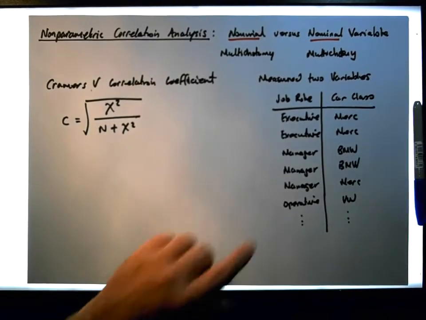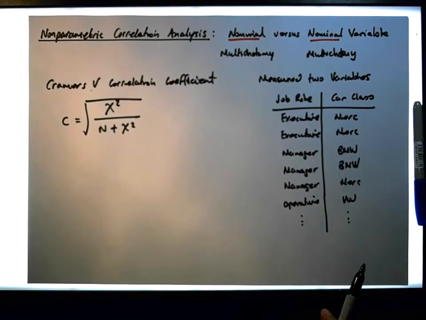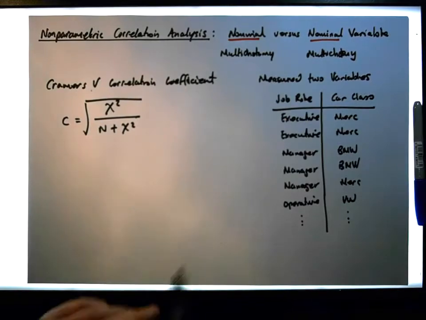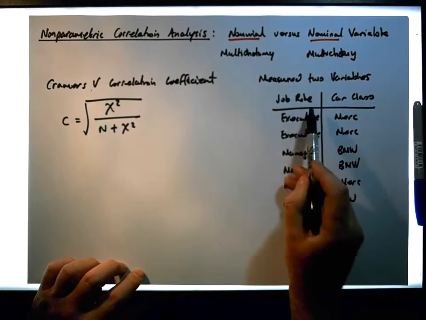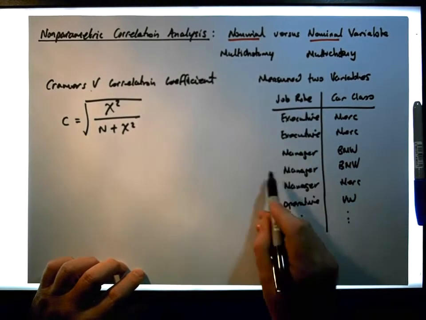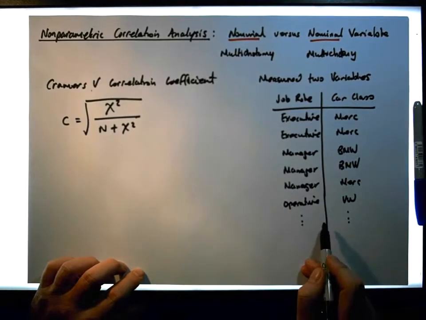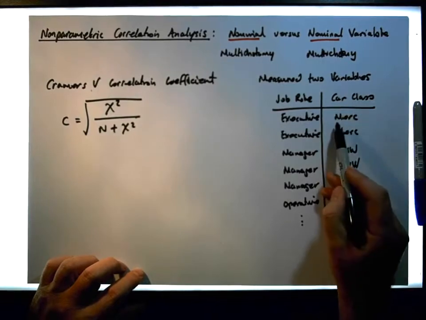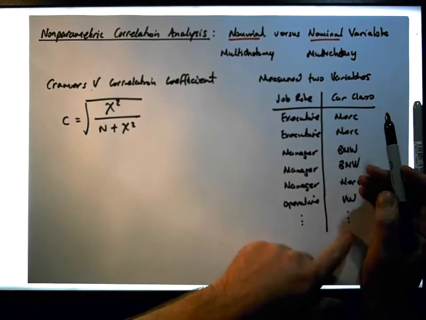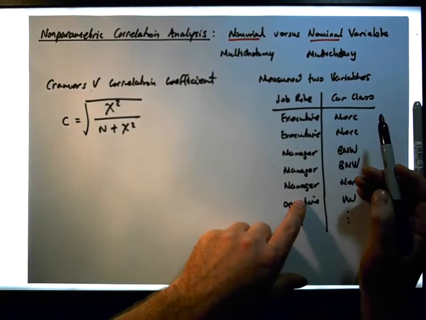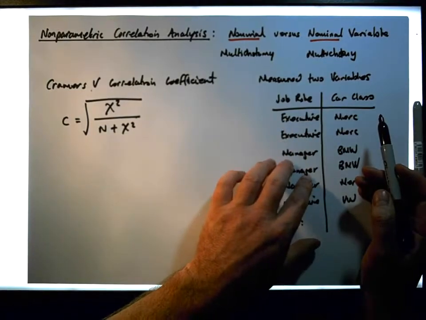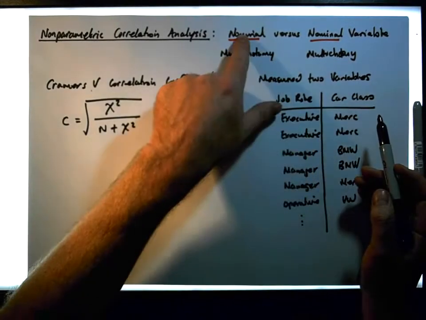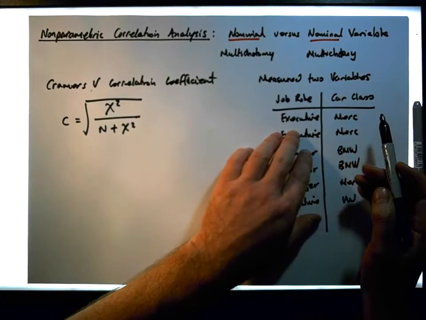But the important thing here is that we've got three levels of measurement associated with job role: you're either an executive, a manager, or an operative. And in relation to the class of car, we've only got three levels. We could have more types of cars and more types of roles, but the most important thing is that we've got more than two levels of measurement for the nominal variable in both cases.